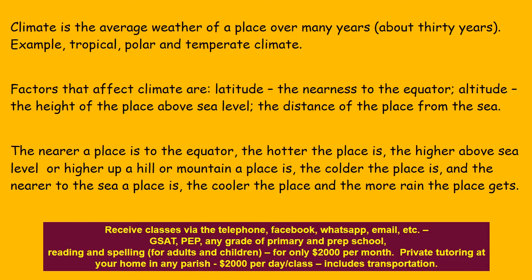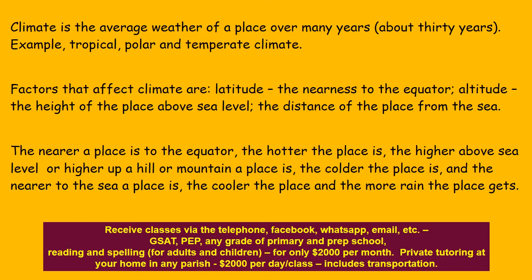So if the weather is hot most of the time over that 30 years, you say it's a hot climate. If the weather was cold most of the time over that 30 years, you say that the climate of that place is cold. If the weather over the period of 30 years was very cold, you say the climate of that place is very cold.